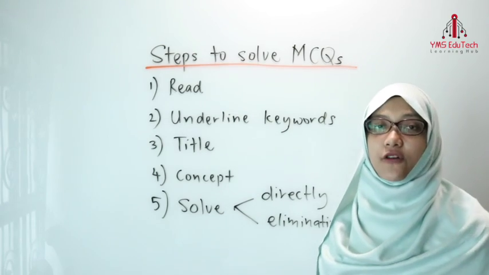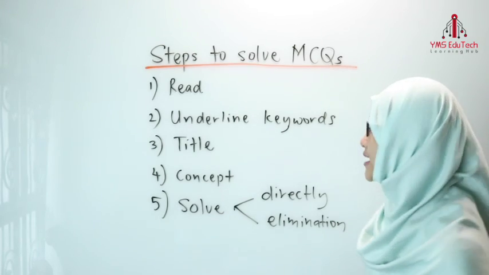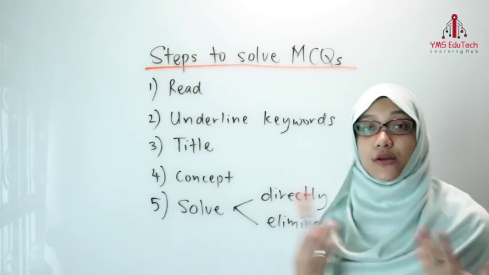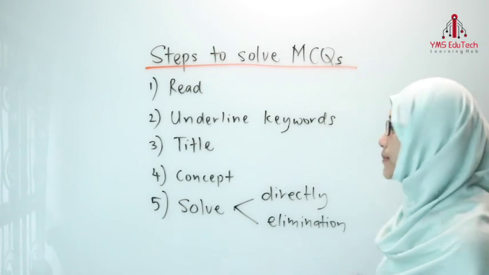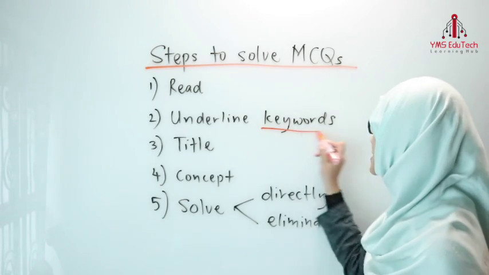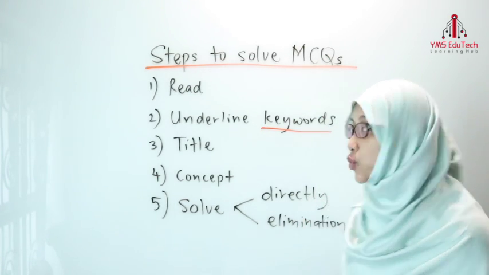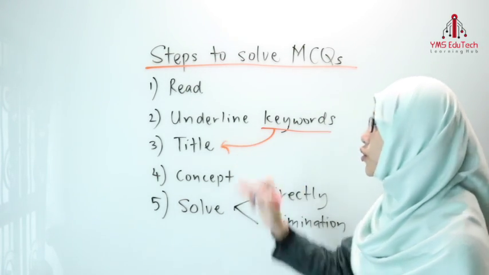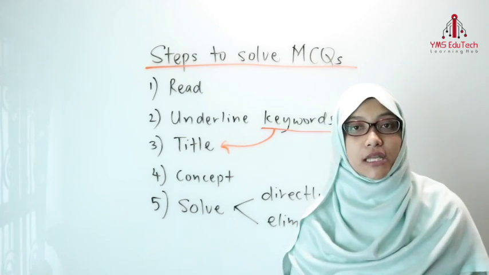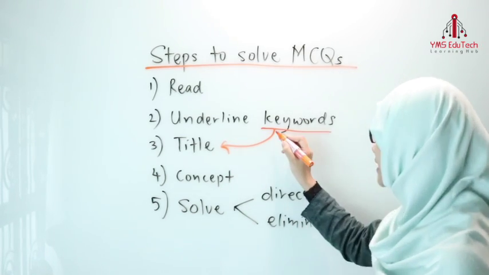So the steps involved in solving multiple choice questions are: number 1, you must read the question. Number 2, underline keywords. Why is underlining keywords important? Because by underlining keywords, you are able to know the title of the topic that you are being tested on. That's 1.